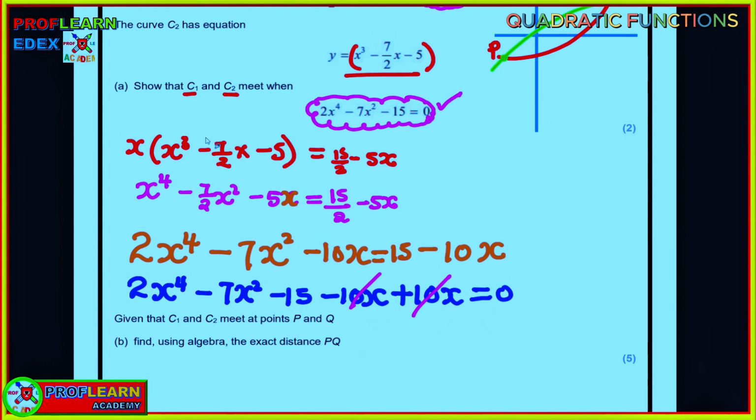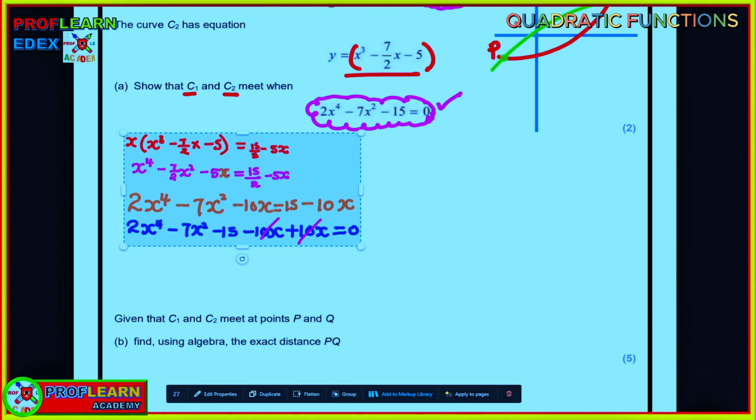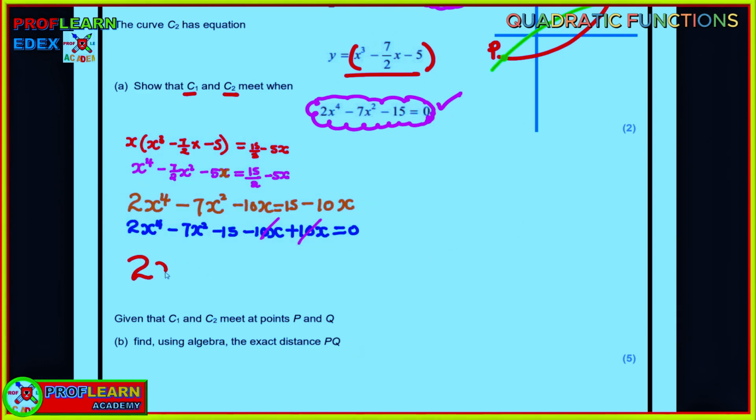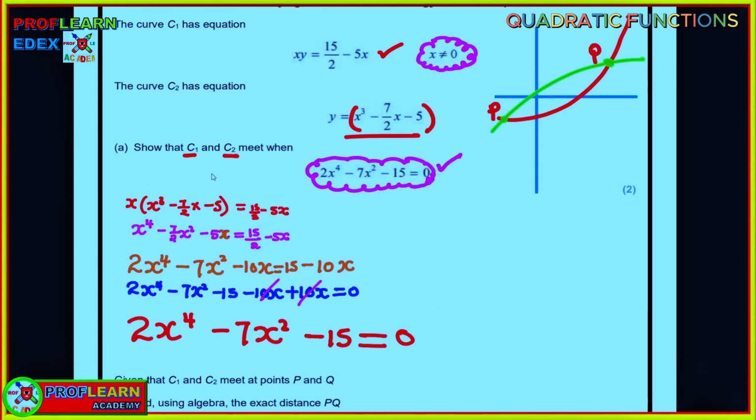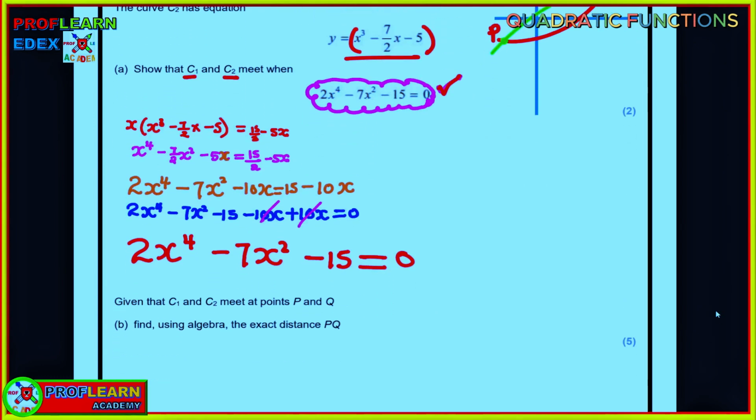And at the end of the day, what are we going to remain with? We are going to remain with 2x to the power 4 minus 7x squared minus 15 is equal to 0. That's exactly what you are supposed to remain with. And we have just shown that indeed they meet when the curve is at this, because we have arrived at the same equation that they had given us.